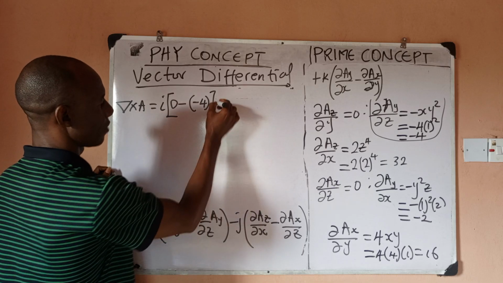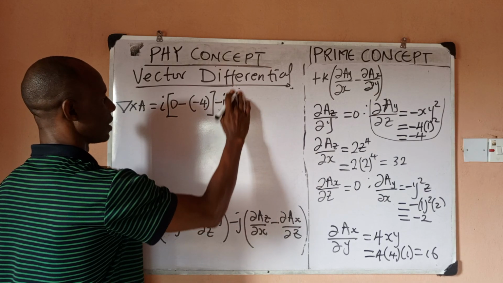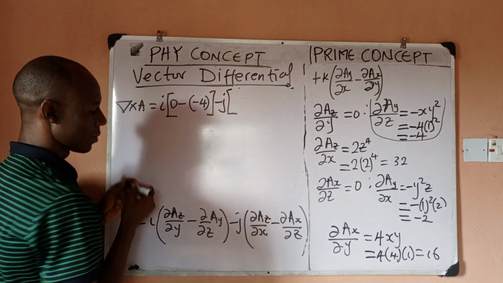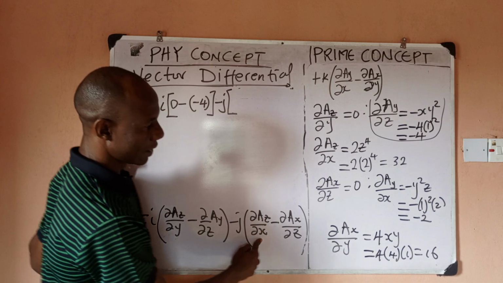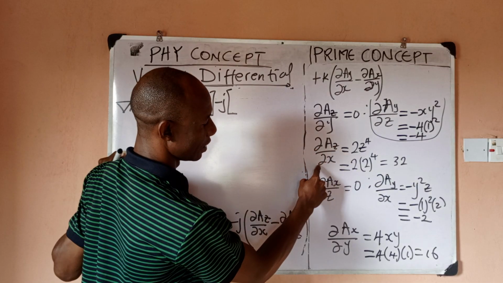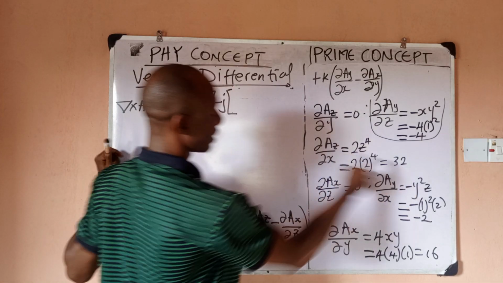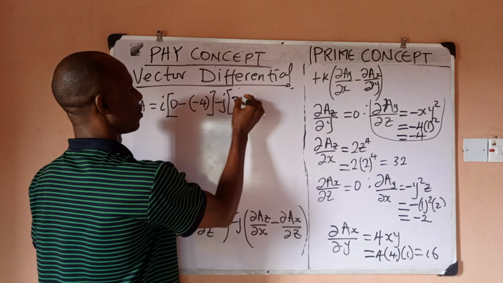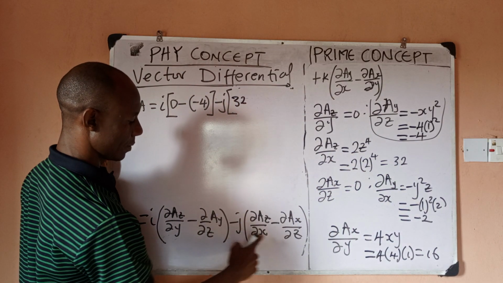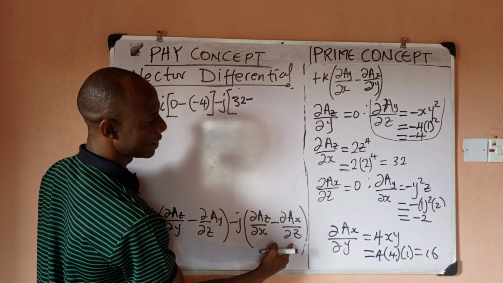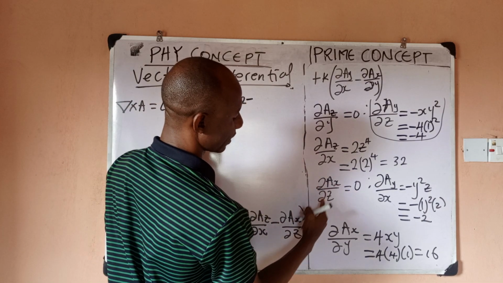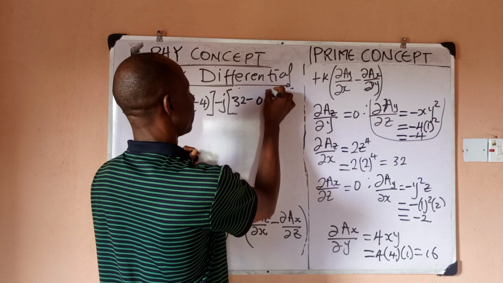Then next, I have minus j. I'll do the same thing. For my j part, I have the ∂Az/∂x, which we got as 32. So it's 32. Then minus the ∂Ax/∂z. The ∂Ax/∂z is 0, so I'll close this.